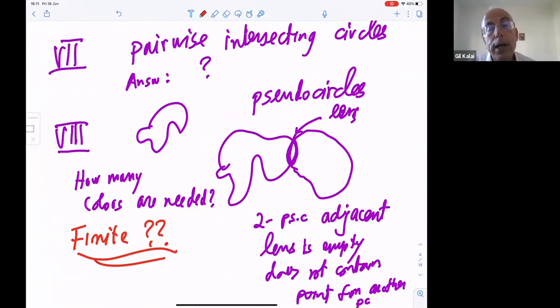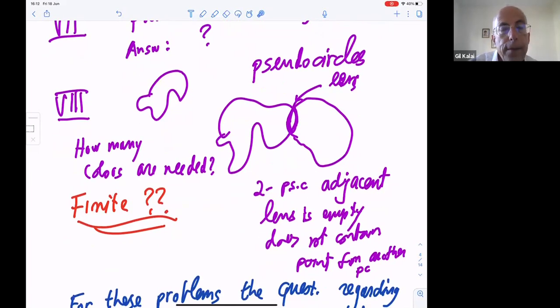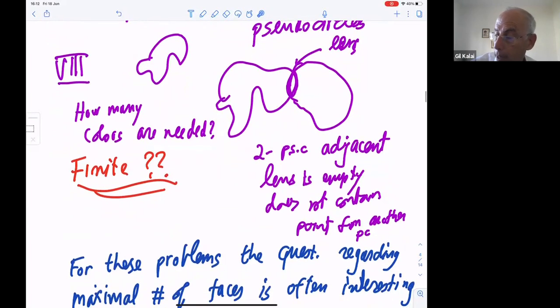One natural definition is to say that two pseudo-circles are adjacent if the lens that they determine, you see here two pseudo-circles, and this area is called the lens, if the lens is empty and does not contain any other point. And it's not known if under this condition a finite number of colors is sufficient for coloring.